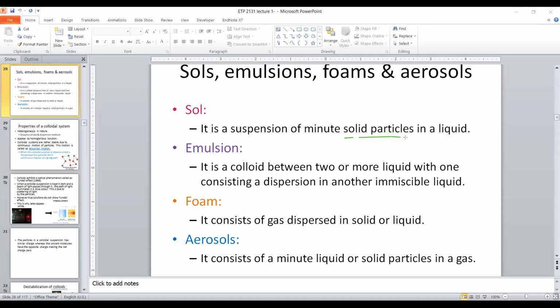Okay, in a sol, you have minor component is solid, major component is liquid.